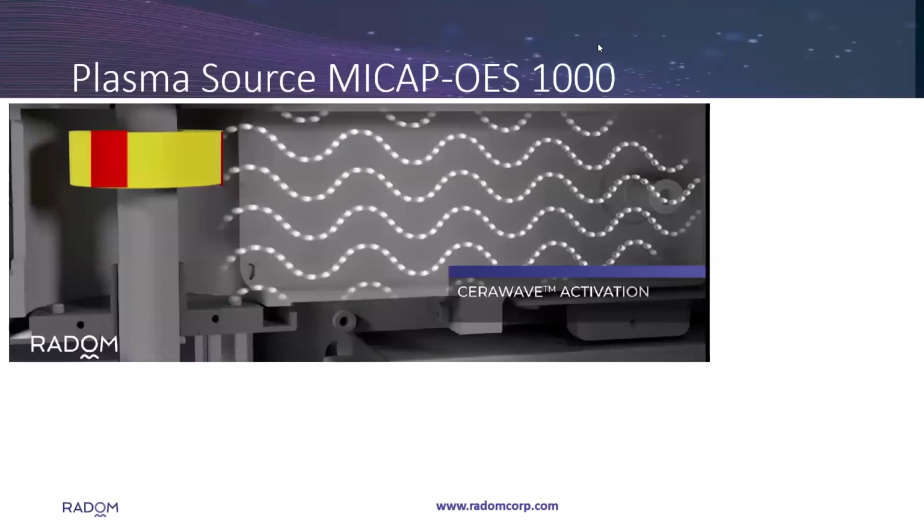In this graphic, we can see CeraWave and the torch situated within a magnetron. In this system, the sample is injected into the base of the plasma, and just like in an inductively coupled argon plasma, the nitrogen plasma serves the same purpose.